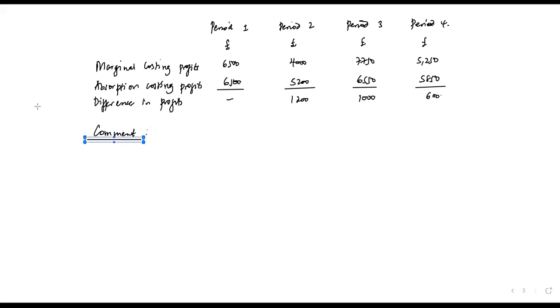Brief comment. Of course, we can say that in period 1, remember, production equals sales. And there are no stock movements. In other words, there is no closing stock.